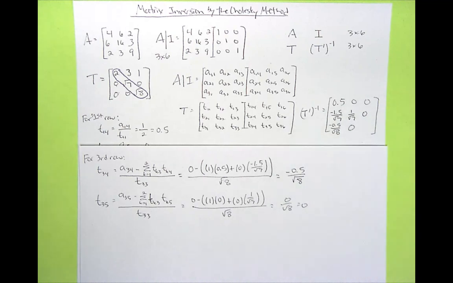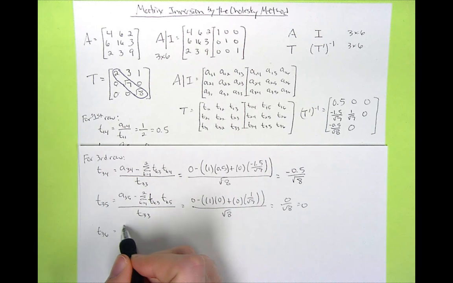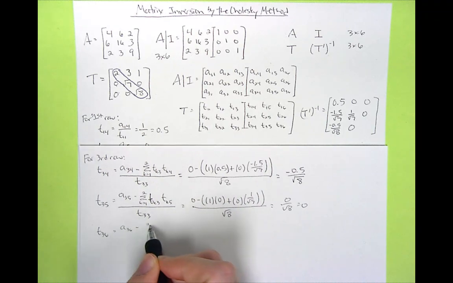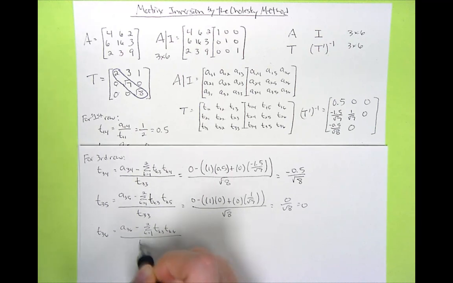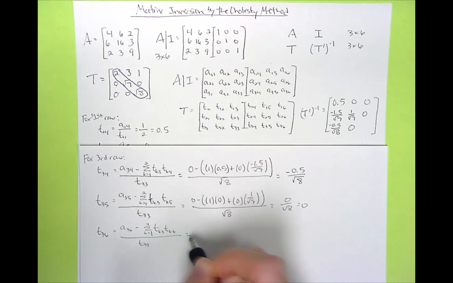One more value, T36. A36 minus the summation Tk3, Tk6, all over T33.